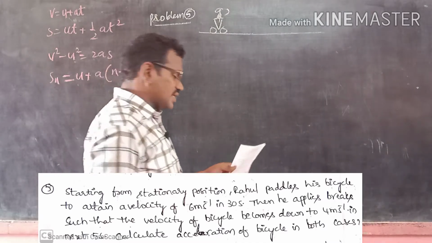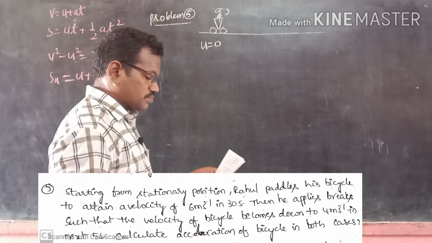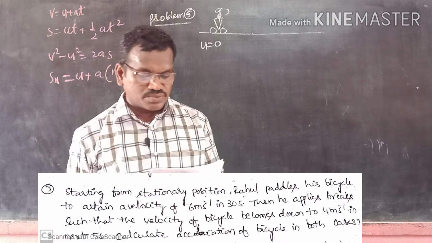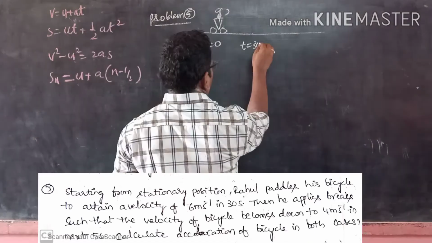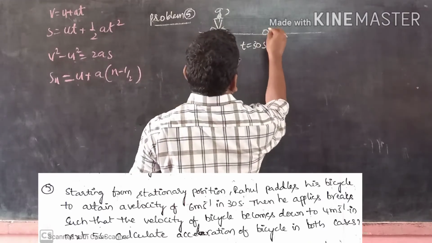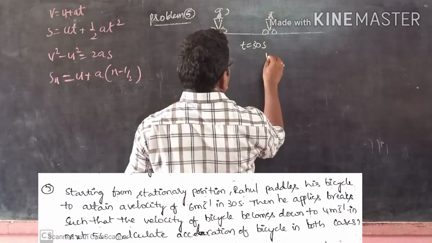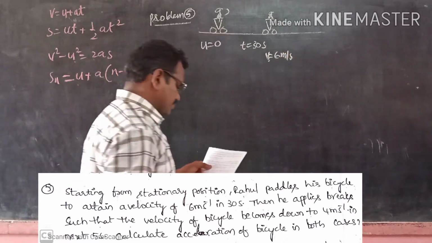He started from rest, means his initial velocity is equal to 0. After a certain time, his final velocity becomes 6 meters per second.